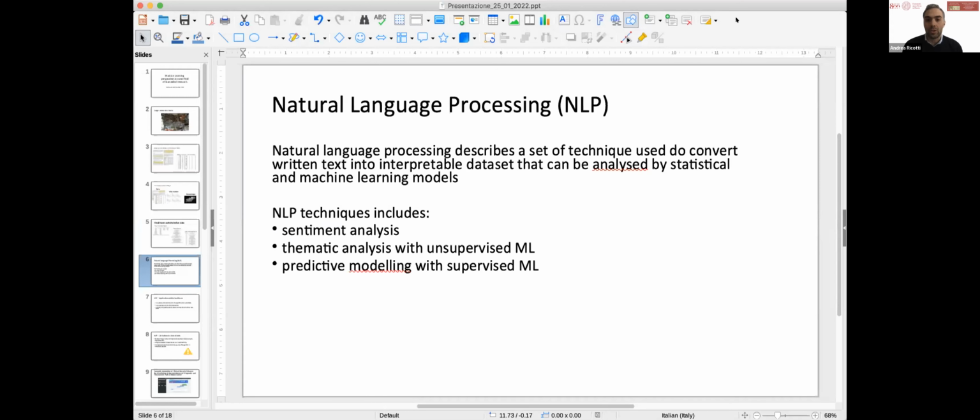Natural language processing describes a set of techniques used to convert written text into an interpretable data set that can be analyzed by statistical and machine learning models. Natural language processing includes sentiment analysis, thematic analysis with unsupervised machine learning models, and predictive modeling with supervised machine learning models.